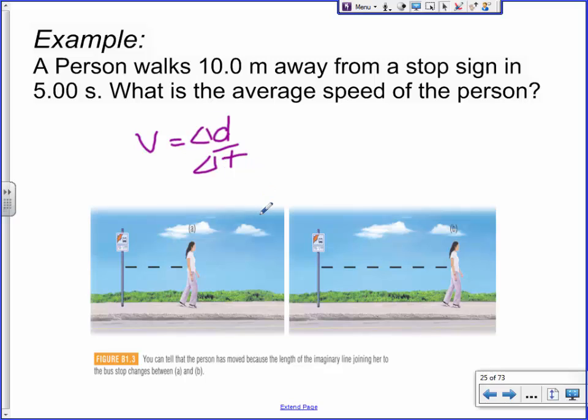Anyways, to find our speed then, find out how much distance change there is, find out how much time change there is. So I'd say, well, you went 10.0 meters in 5.00 seconds. 10 divided by 5 on your calculator will give you 2. And that's wrong, because we gotta watch our sig digs. Because we're multiplying and dividing, we just need to look at how many sig digs we have, right?